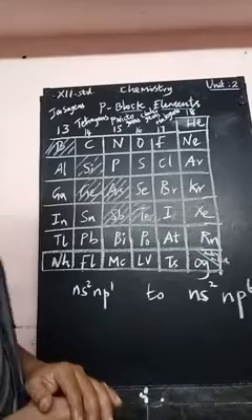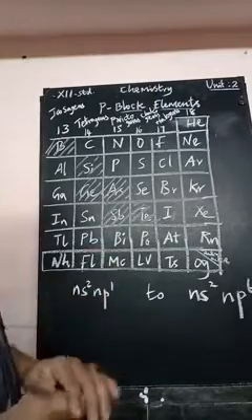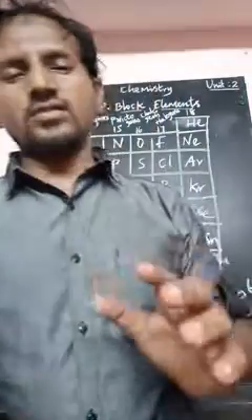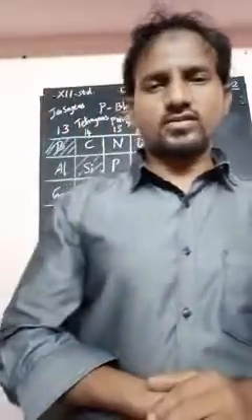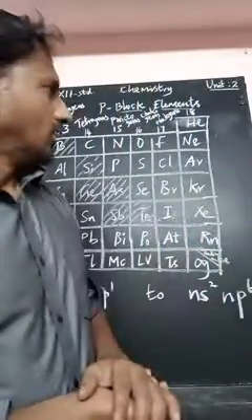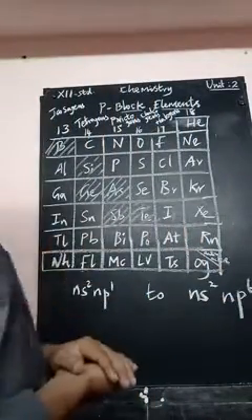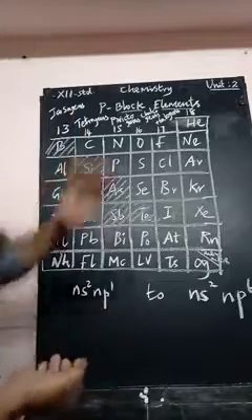And next is allotropism. The most important topic of this is allotropism. Allotropism means the exhibition of different structures by the same element. In this lesson we have the allotropism of carbon particularly.